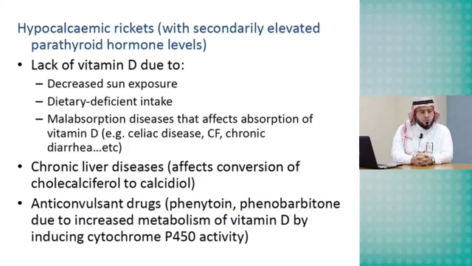All are common and important causes of vitamin D deficiency in children. Anticonvulsants: a lot of people don't know that anticonvulsants might lead to vitamin D deficiency through increased metabolism of this vitamin in the cytochrome, by inducing cytochrome P450 activity.